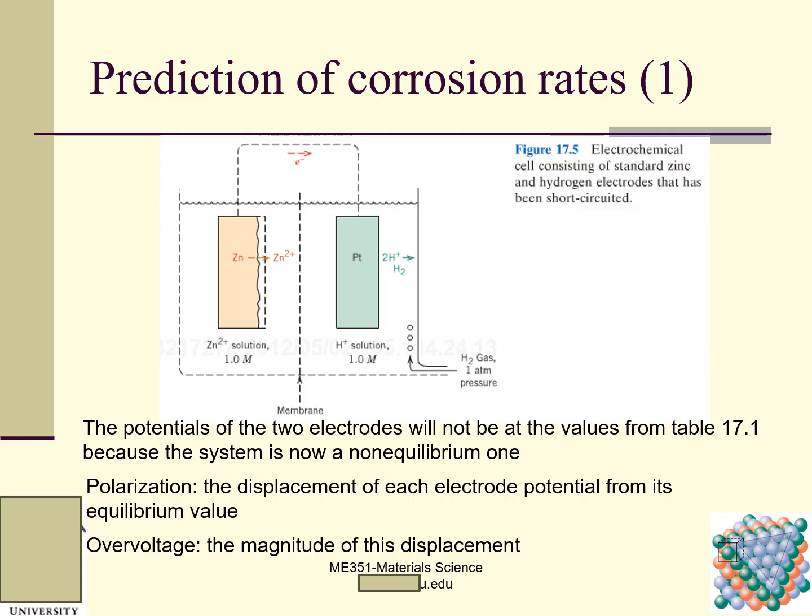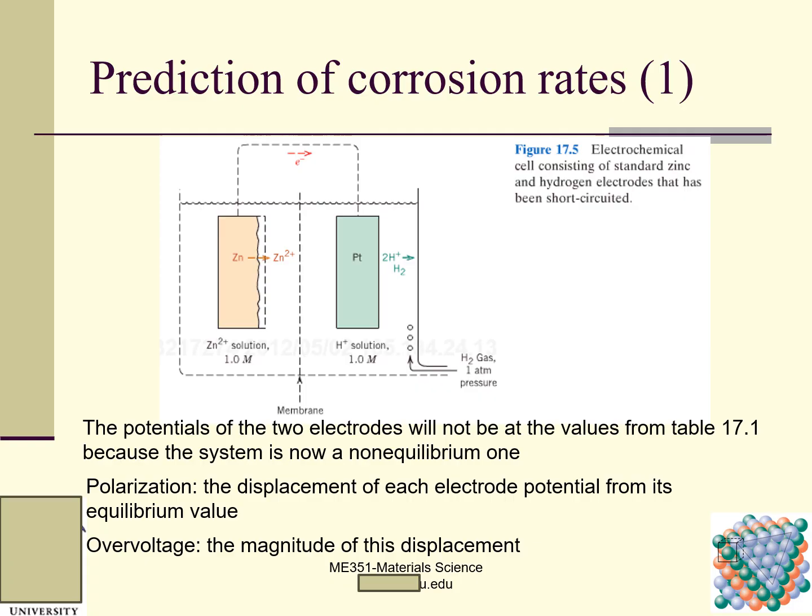And here, this is zinc, I'm sorry, this is zinc, and this is Pt, platinum. When compared with the Pt platinum, Zn has lower standard electrode potential.